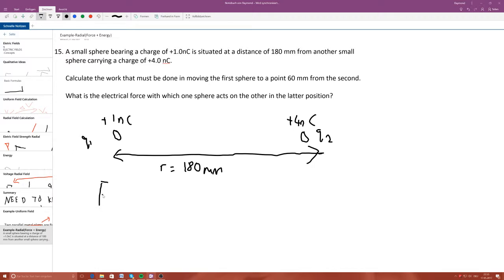But we know that the potential energy that the charges will gain is equal to 1 over 4 pi epsilon naught, the constant, times Q1 Q2, divided by r. Then we know that we've moved the first sphere to a point 60 millimeters from the second.